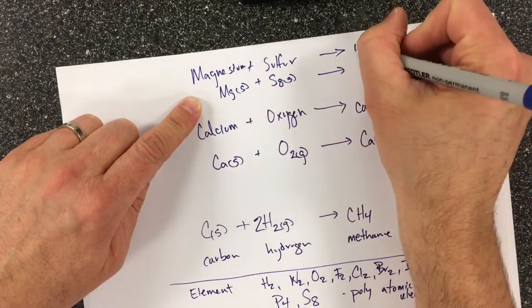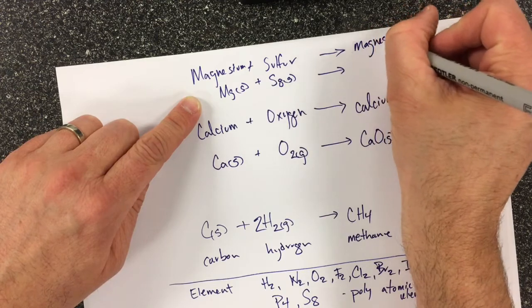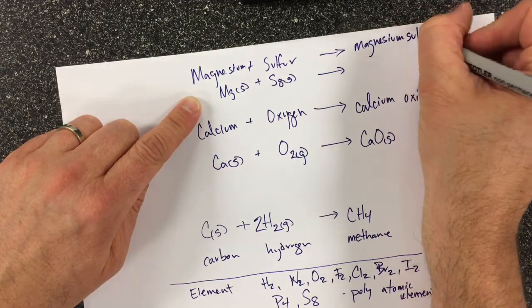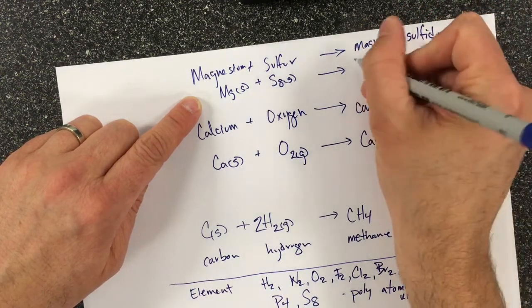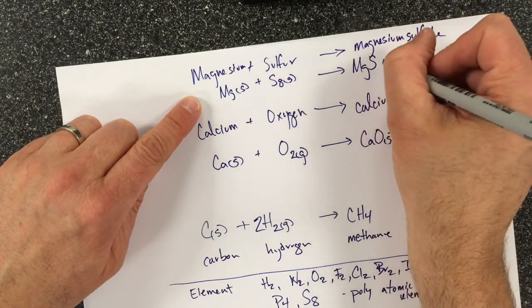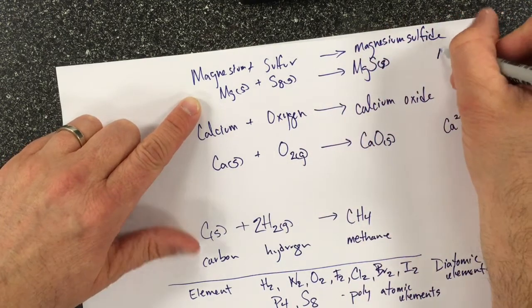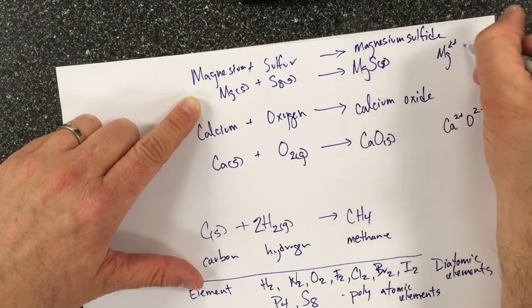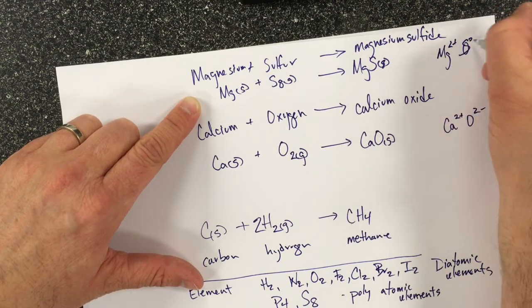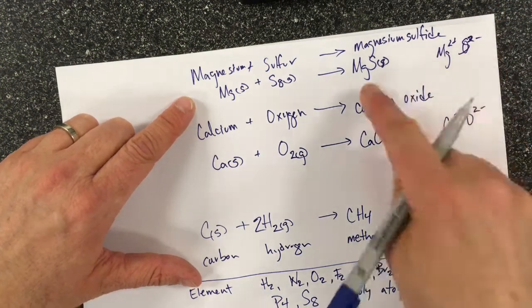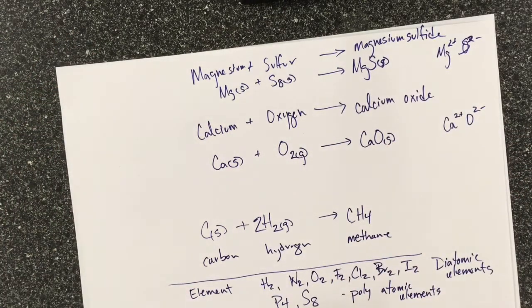And it's going to make magnesium sulfide, which is an ionic compound that takes MgS and it's a solid. And the reason that it's just 1-to-1 is magnesium has a 2 positive and sulfide has a 2 negative. So one of each balances out the charge.